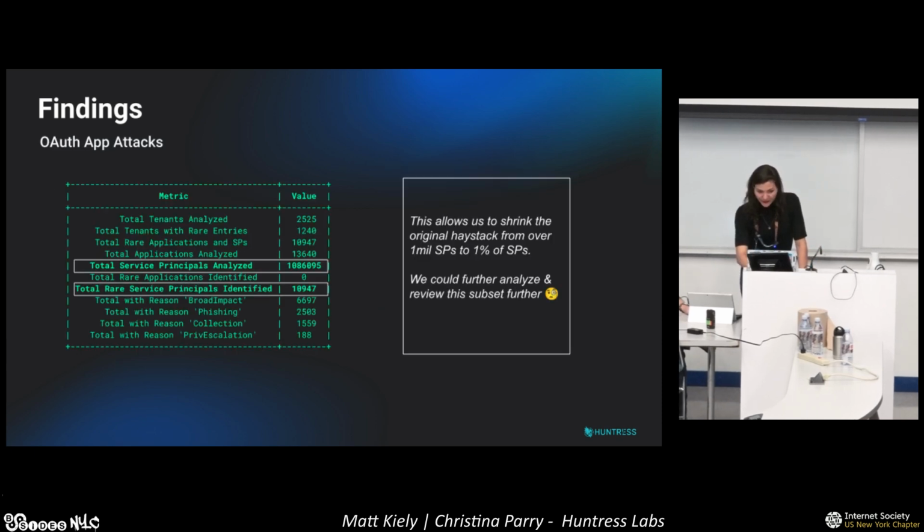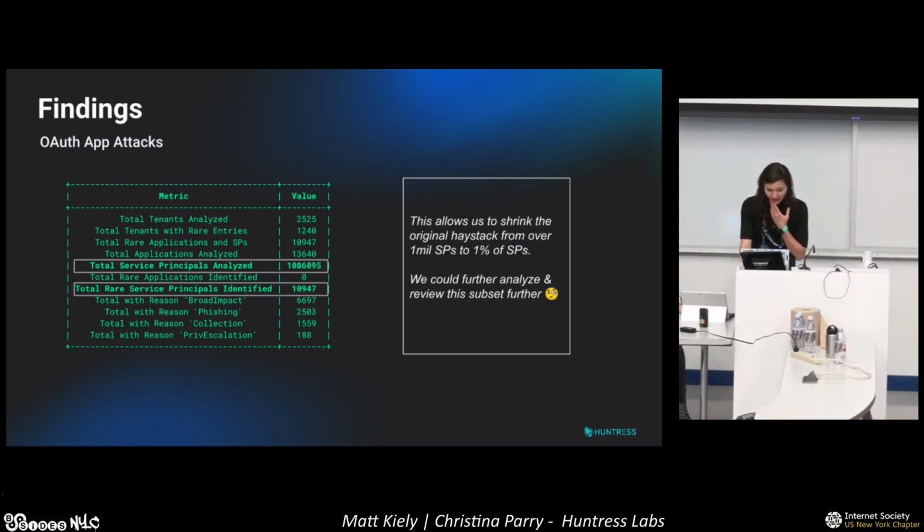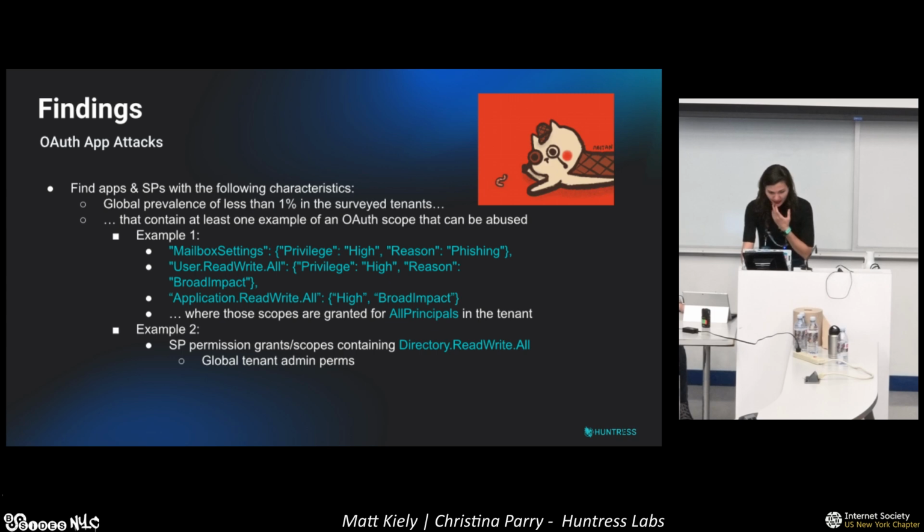Okay, so again, going back to OAuth app attacks and the breakdown of total service principals analyzed and total rare service principals identified, we're basically able to bring this down from over 1 million service principals that we've analyzed to about 1% of them.